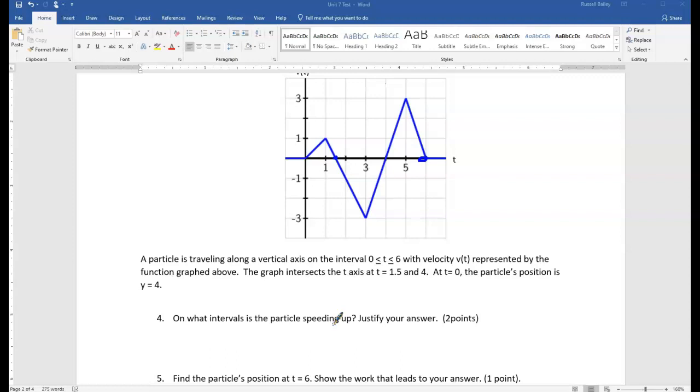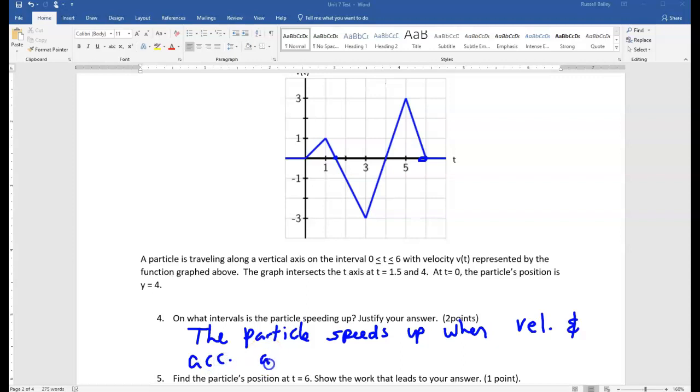A particle is speeding up when velocity and acceleration are the same sign.